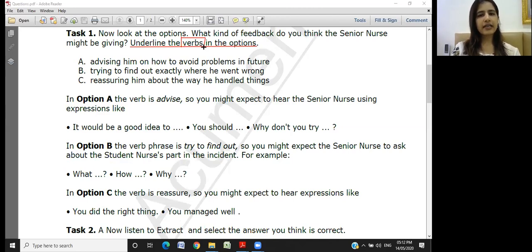It says underline the verbs in the options. Now you can't underline here, so I want you to type in the verbs from each of the answer choices. Can you do that for me? Verb is an action.